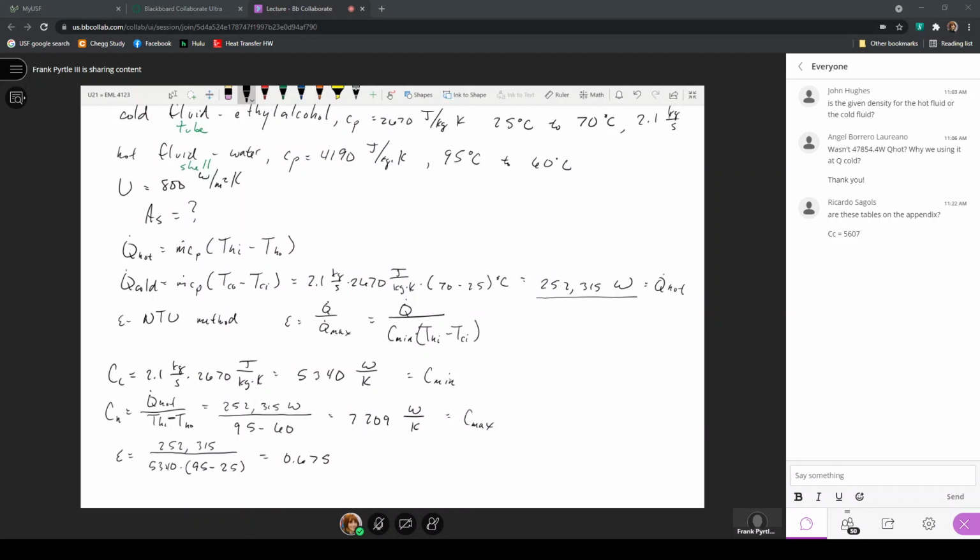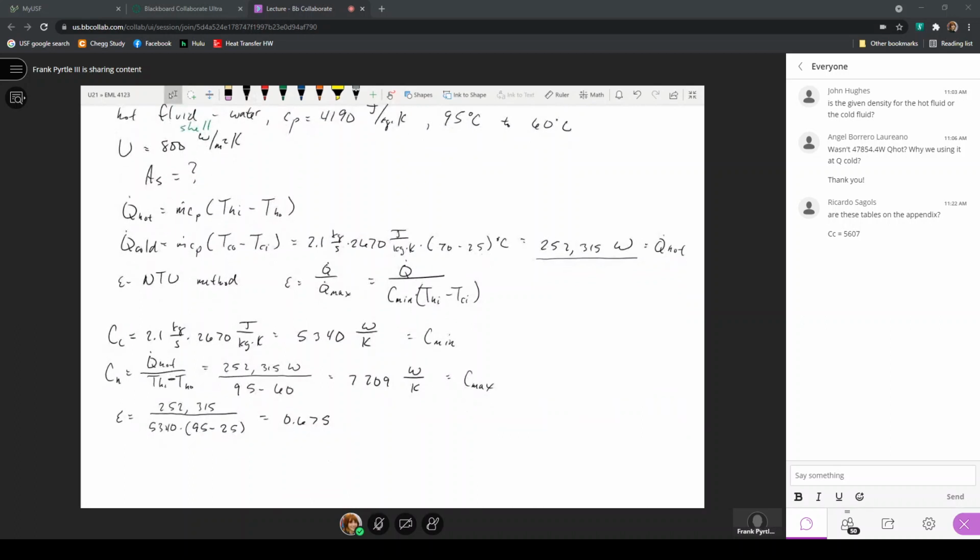So now with the effectiveness defined, we can write an expression for the effectiveness, and the capacity rate ratio is just the minimum capacity rate over the maximum capacity rate. The minimum is 5,340.